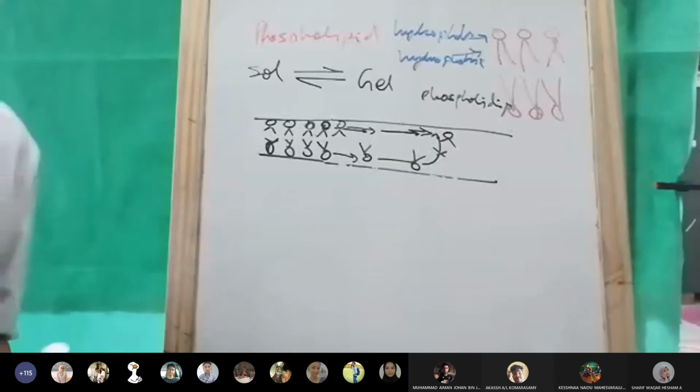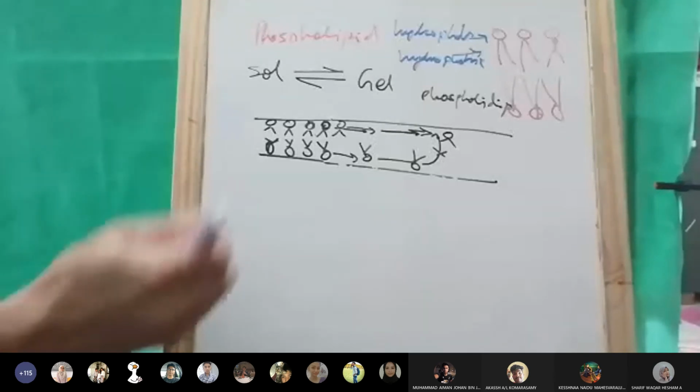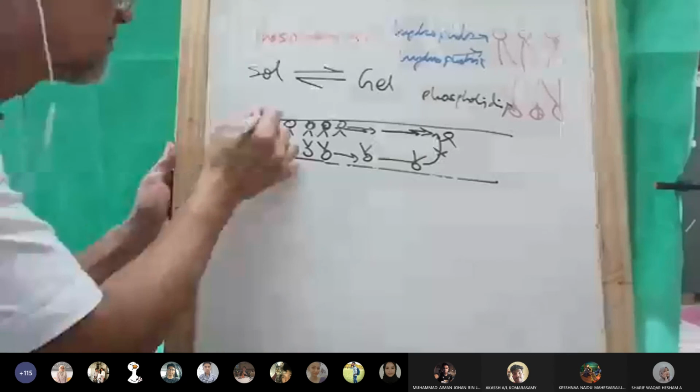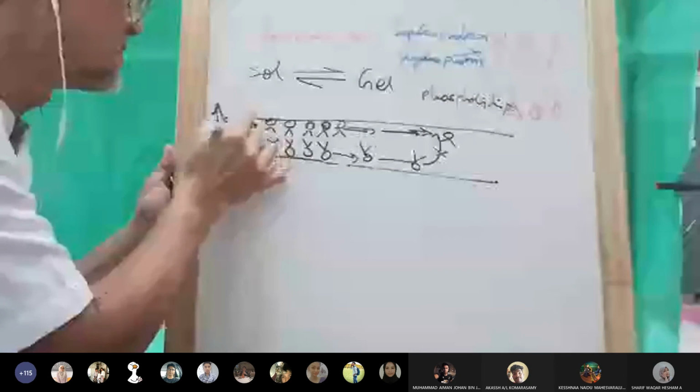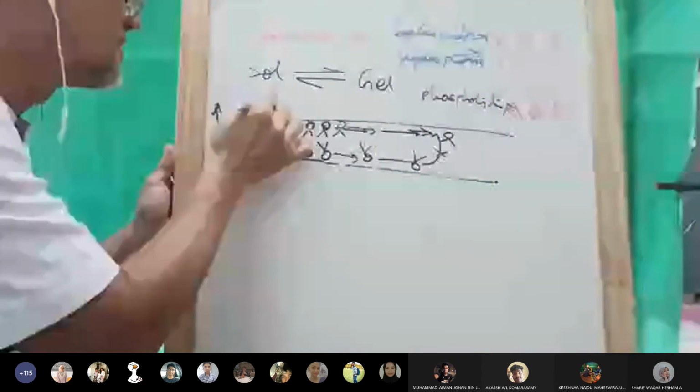No response, I assume that you understood. In order for the phospholipid to move within the plane, there must be an increase in energy, and this is the thermal energy.